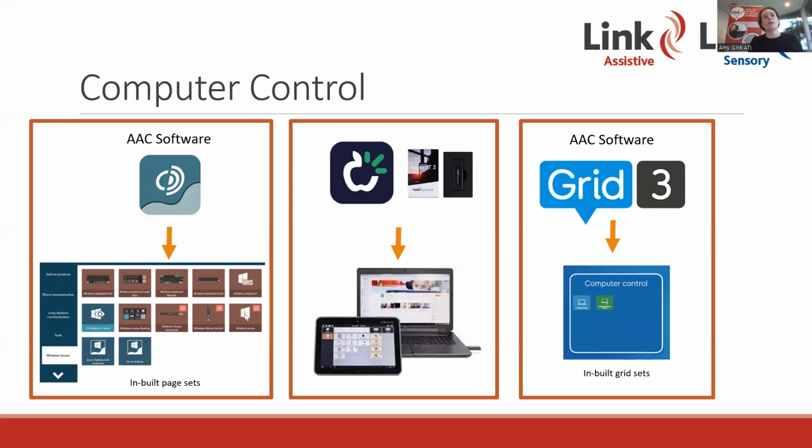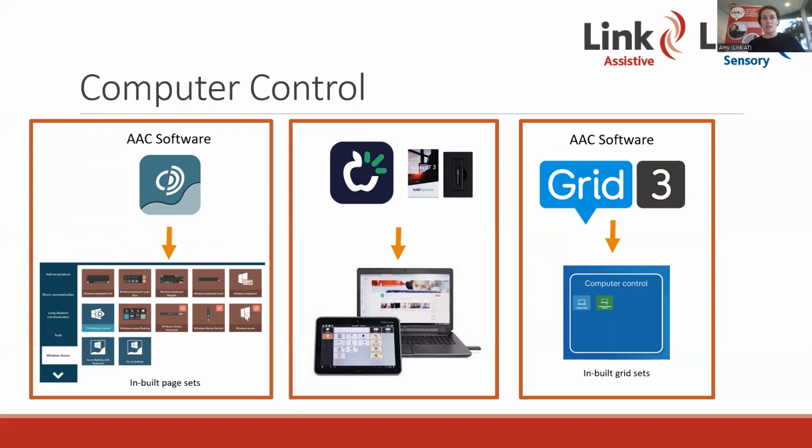So if we're thinking about computer control, and maybe we need to be able to customize things better, Communicator 5 and Grid 3 have their own inbuilt grid sets. You can customize it, you can make it bigger, you can make it smaller, you can take away features, you can add features. So if you really want that full customization, that may be a good option. If you're working with someone who wants to be able to control an external computer, TD Snap offers an accessory called Access It.